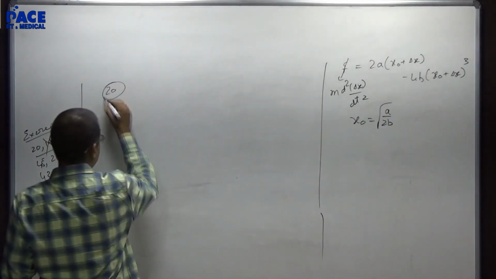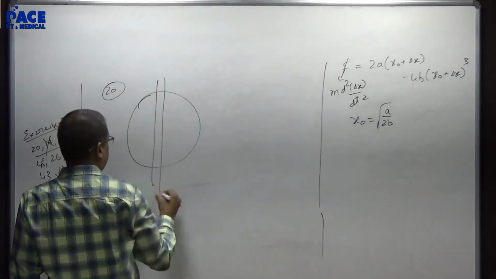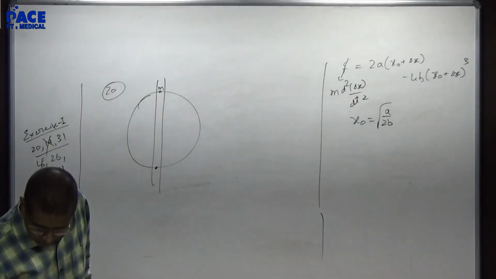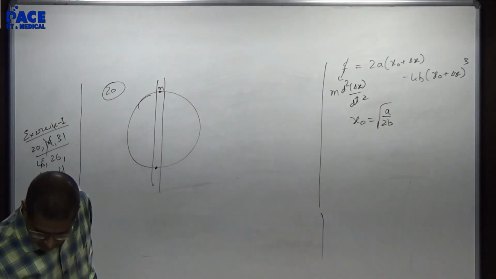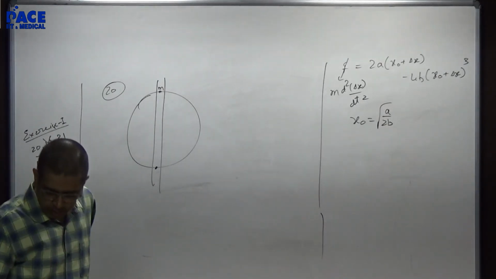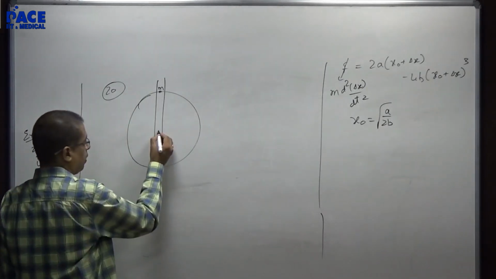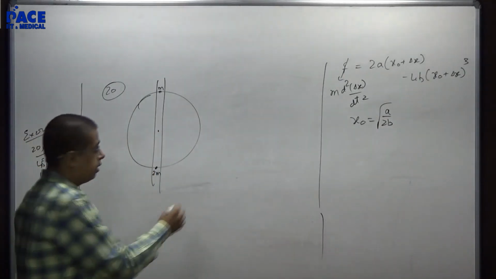20th, conserve momentum. M is falling from here, and from here what is falling? Draw from the ends the masses collide and stick to each other and perform SHM. See, C is 2m, right?